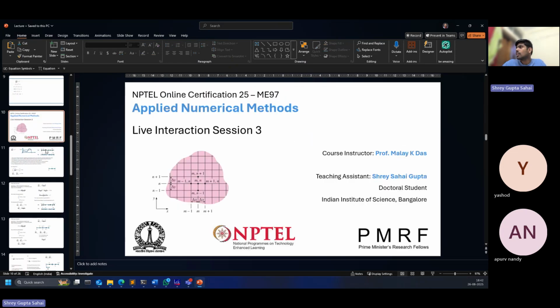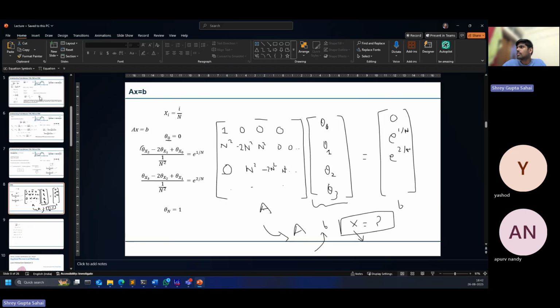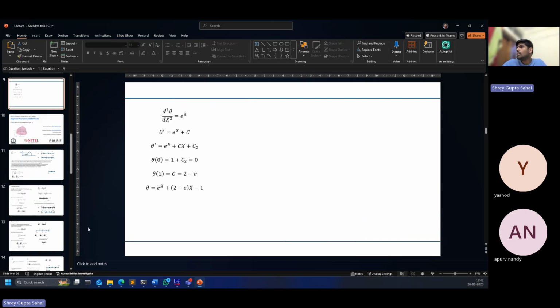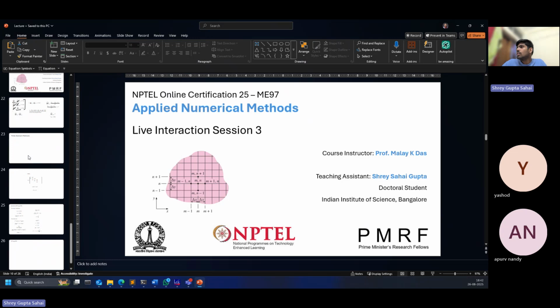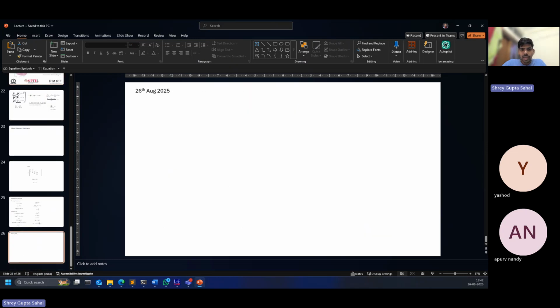In the fourth session, we did a small recap, and then we went into the discussion of TDMA and how you numerically do it, like how you write the code for it.